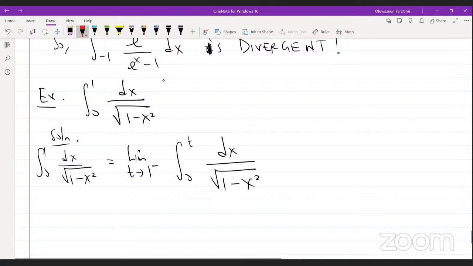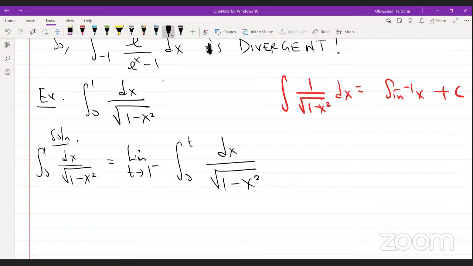Well, I hope you guys remember from 7.3 that the integral of 1 over square root of 1 minus x squared dx is just inverse sine. These are things you guys need to remember, so that you don't have to go through the long procedures again.